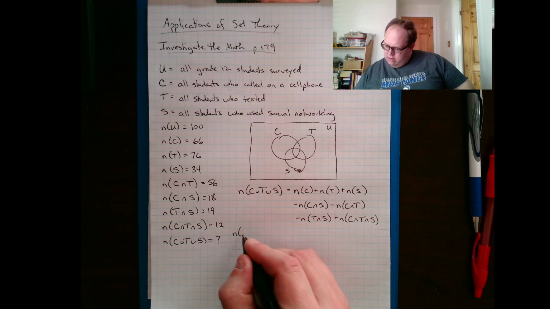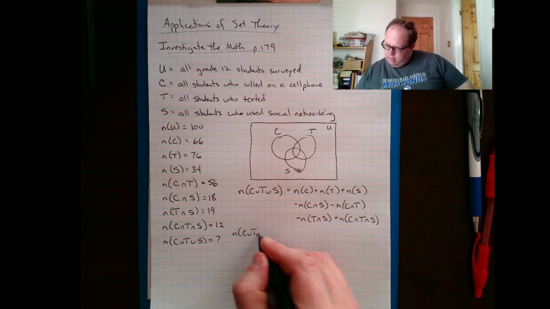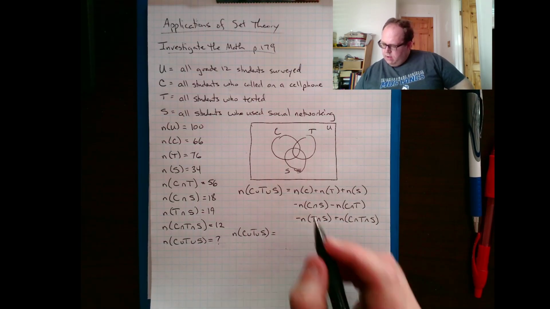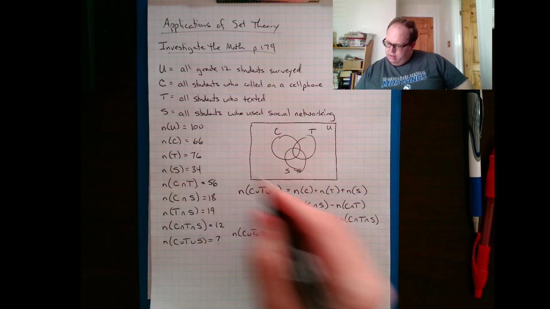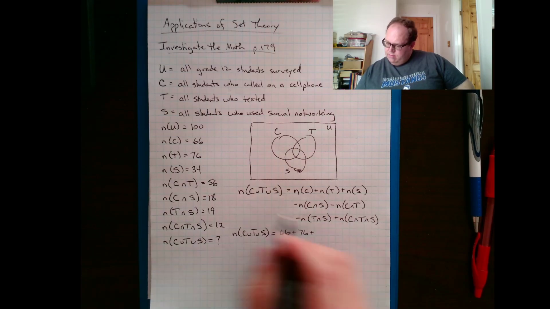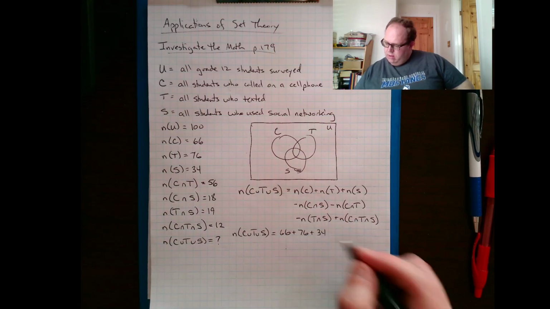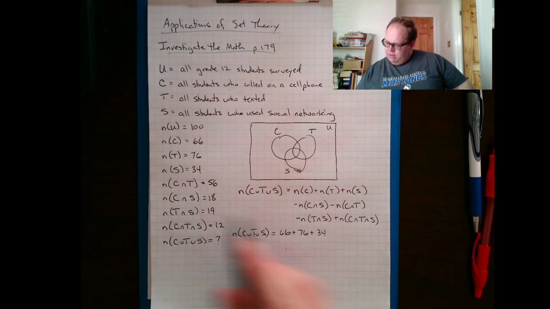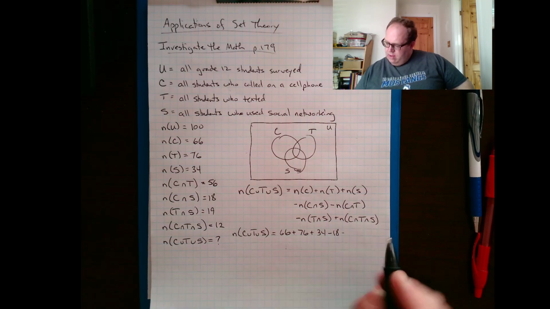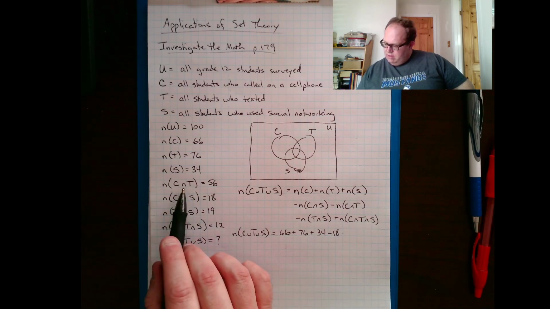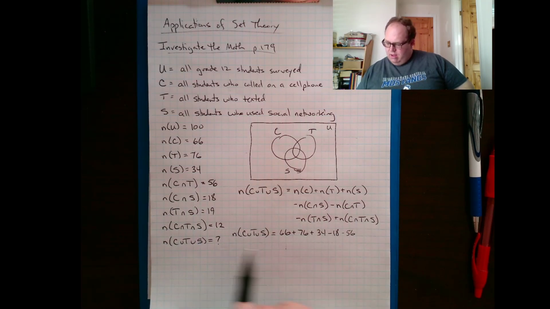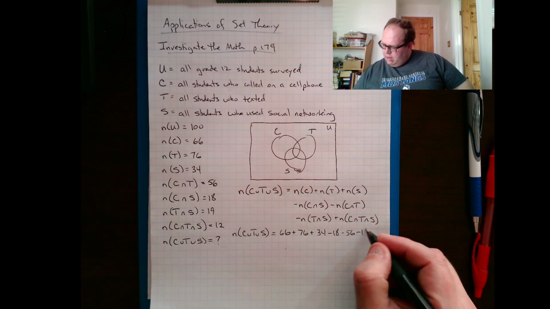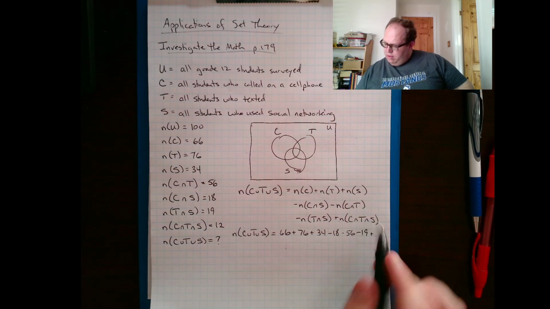And so now if I just do that by the numbers, the number in C was 66, the number in T was 76, the number in S was 34, the number in the intersection of C and S was 18, the number in the intersection of C and T was 56, and the number in the intersection of T and S was 19, and lastly the intersection of all 3 sets was 12.